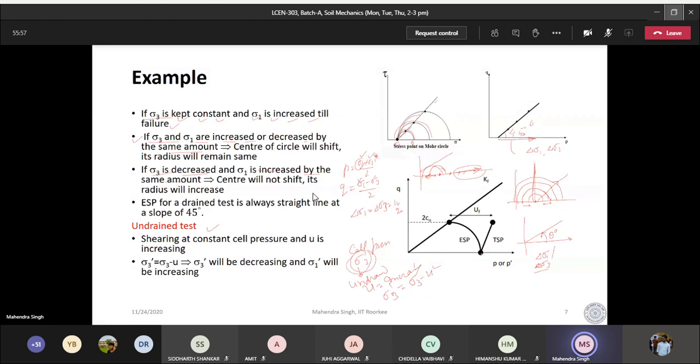So the total stress path will be moving in this direction. But as far as the effective stress path is concerned, as you increase the shearing deviator stress, pore water pressure will be becoming higher and higher, and effective stress path will be moving in this direction. And as soon as it touches the KF line, the failure occurs. So this is the concept which you have to remember.